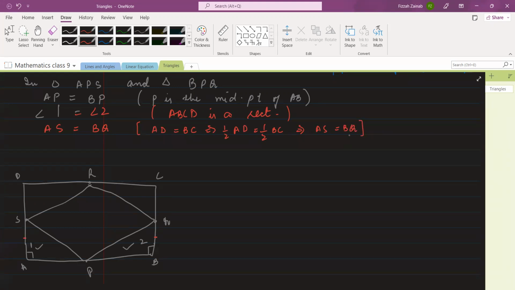So this becomes SAS criteria. By SAS, triangle APS is congruent to triangle BPQ. Therefore by CPCT, PS is equal to PQ, which I wanted to show. So now I've got this side equal to this side, not the opposite one, but the adjacent one.